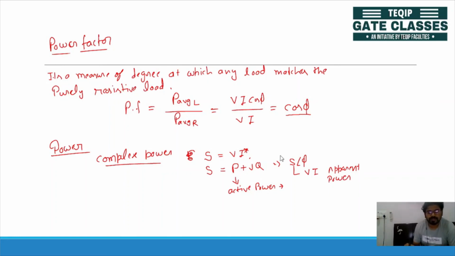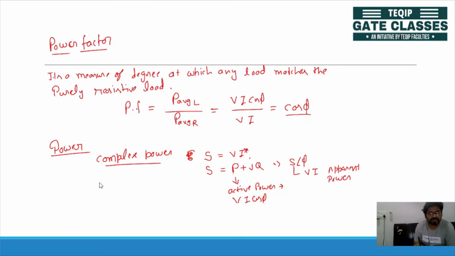We can write it as VI cos phi plus jVI sin phi. Then this P is nothing but VI cos phi, and we call it active power.